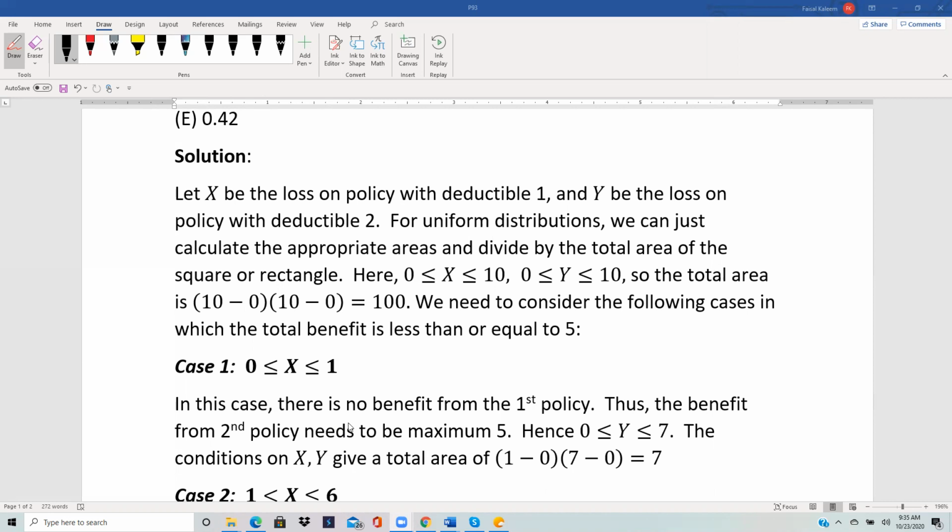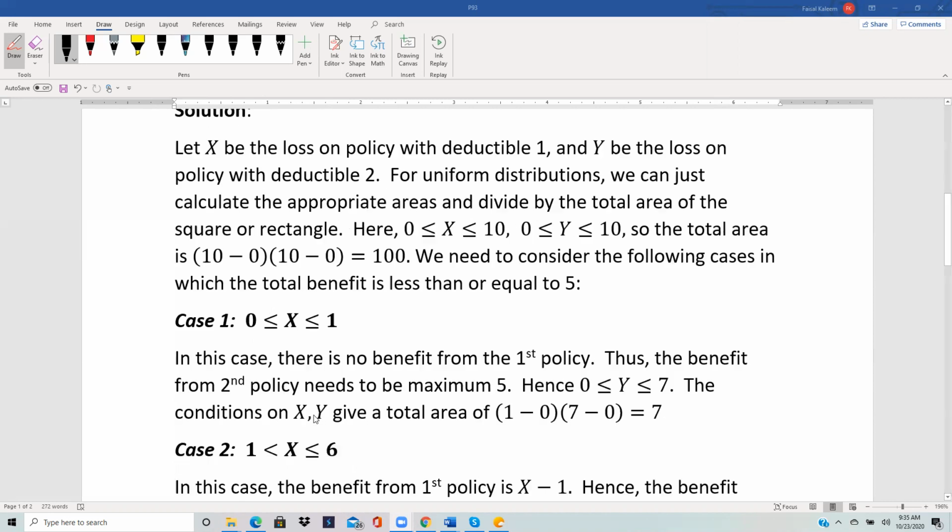And then we just focus on Y. Since there's no benefit for the first policy in this case, the benefit from the second policy needs to be maximum 5. Remember, we are dealing with the total benefit being less than 5. I'll be interchanging less than and less than or equal to, and in continuous distributions, it doesn't matter.